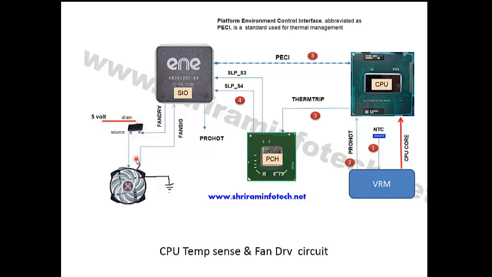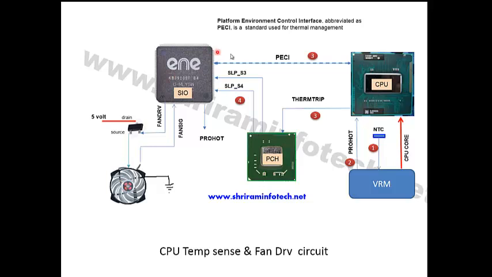And on the SIO side there are 2 pins. One pin is called the fan drive signal. The fan drive signal drives this MOSFET. It triggers this MOSFET gate. Here is one MOSFET, an N-channel MOSFET, and the drain is connected to the 5 volt, and the source is connected to the fan.